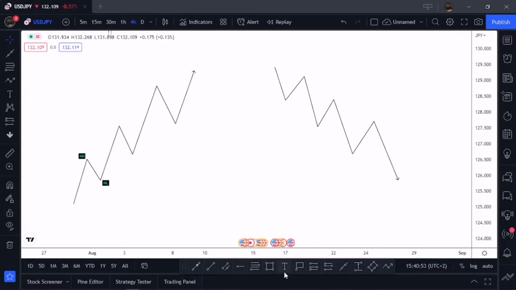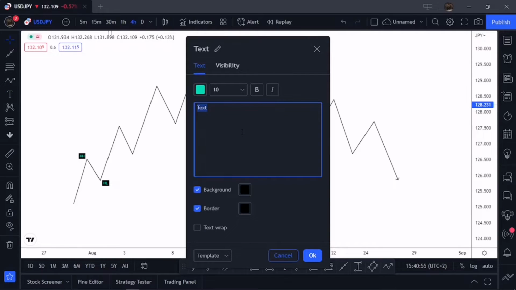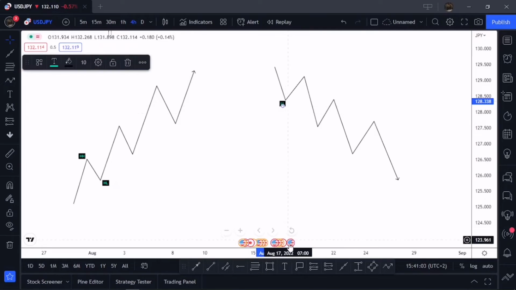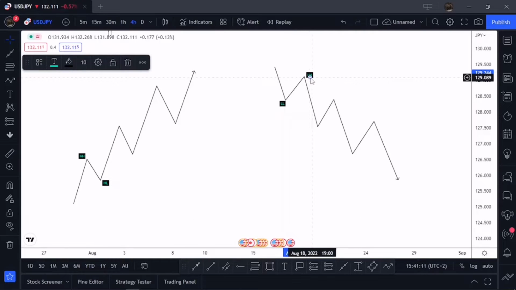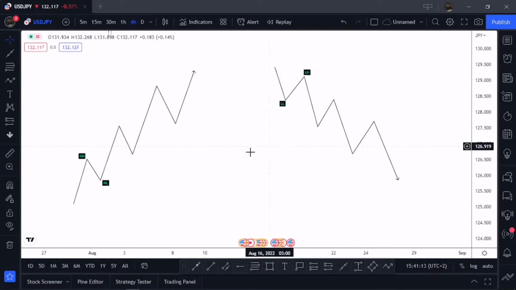And then on this side you have your lower low, sorry about that, your lower low, and your lower high.